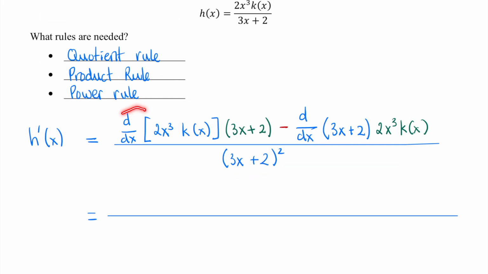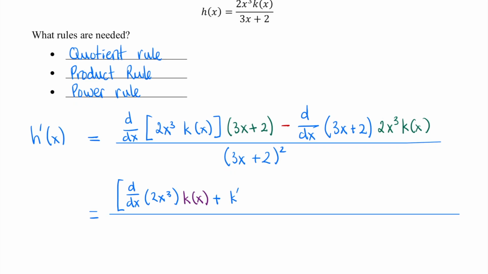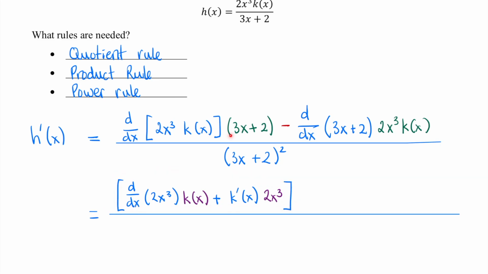Next, to take the derivative of 2x cubed times k of x, we need to use the product rule: the derivative of the first times the second plus the derivative of the second times the first. So this is the derivative of 2x to the third times k of x, multiplying by 3x plus 2.